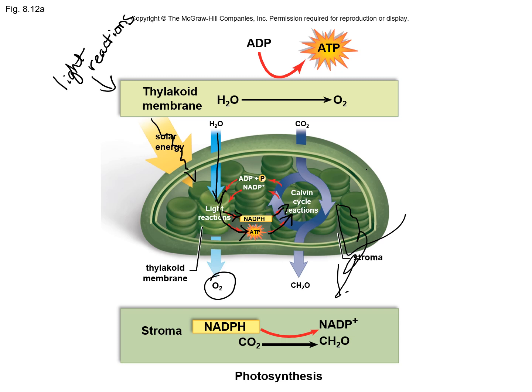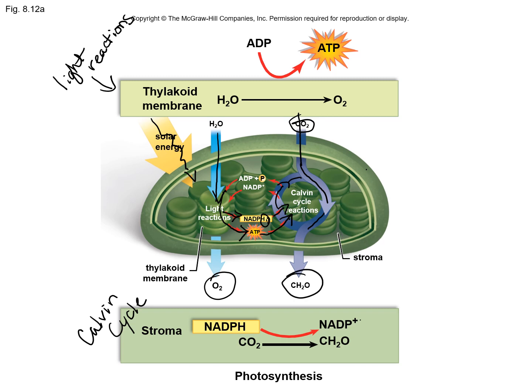The second part of our reaction is the Calvin cycle. In this part of the reaction, we're starting with carbon dioxide. We're going to go through a series of chemical changes, and utilizing this ATP and the hydrogens and the carbon dioxide, we're going to start the process of forming glucose.